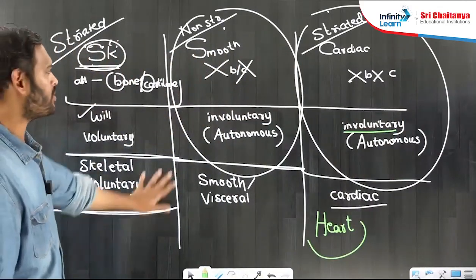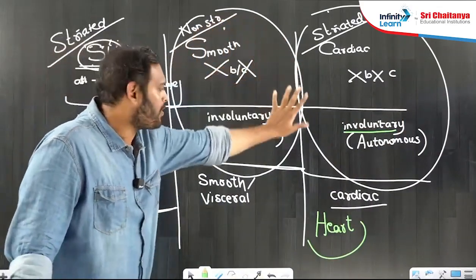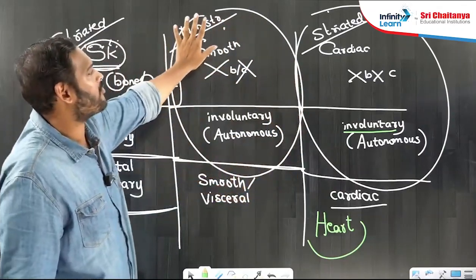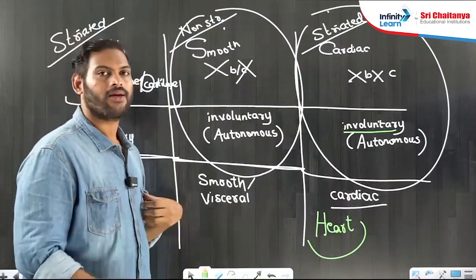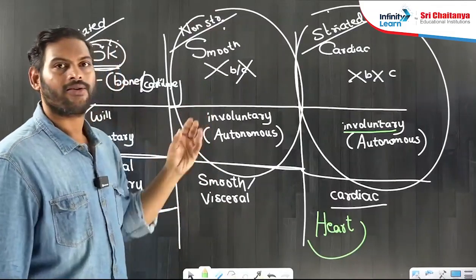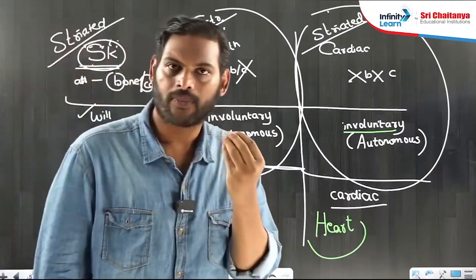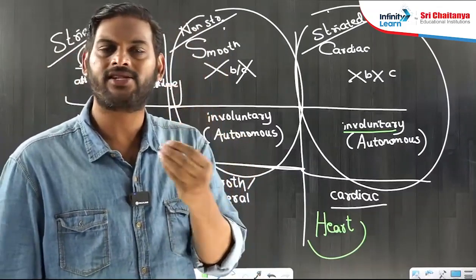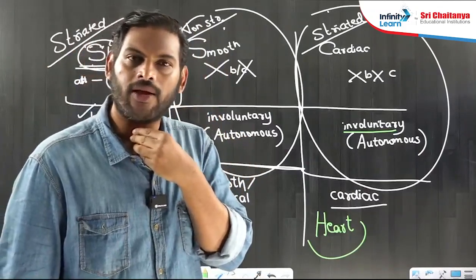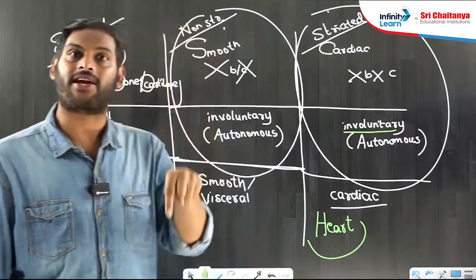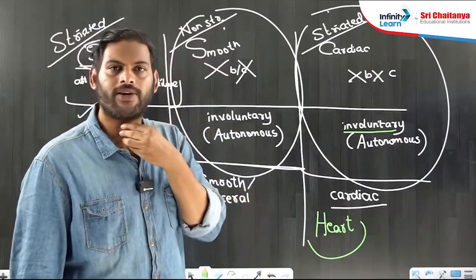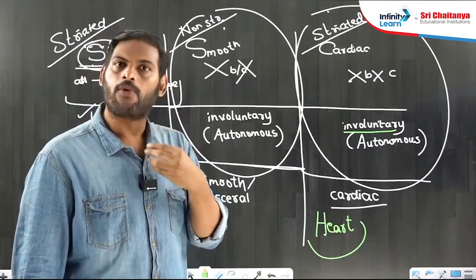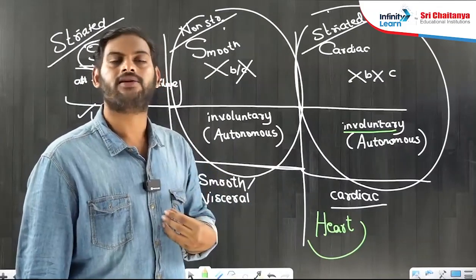Now, this is a very, very interesting aspect of our class. Smooth muscle. Guys, you swallow food. Once food enters the esophagus, till food reaches the rectum after digestion: esophagus, small intestine, large intestine.